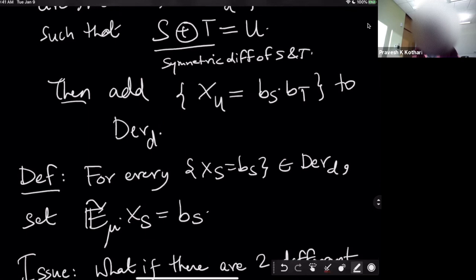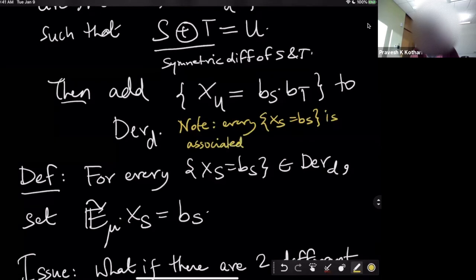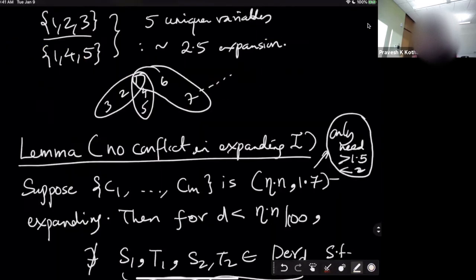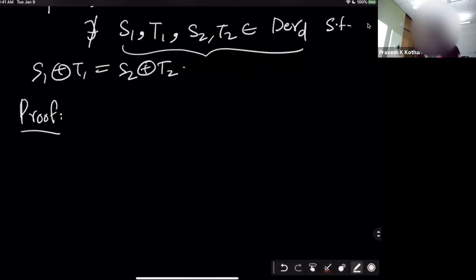Maybe I can make this point here. Note: every constraint is associated to a union of clauses, a union of constraints from the instance. Very good. So we'll use this simple fact.